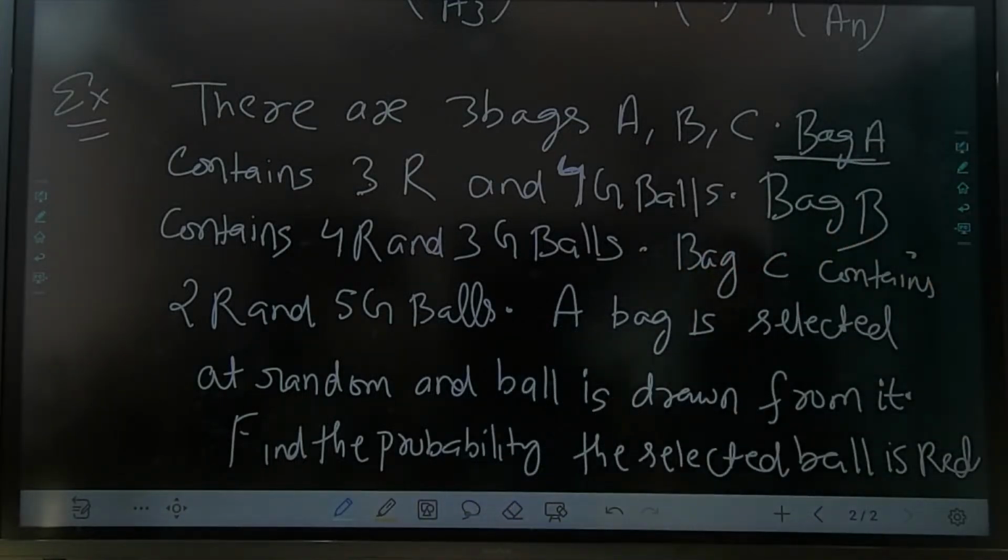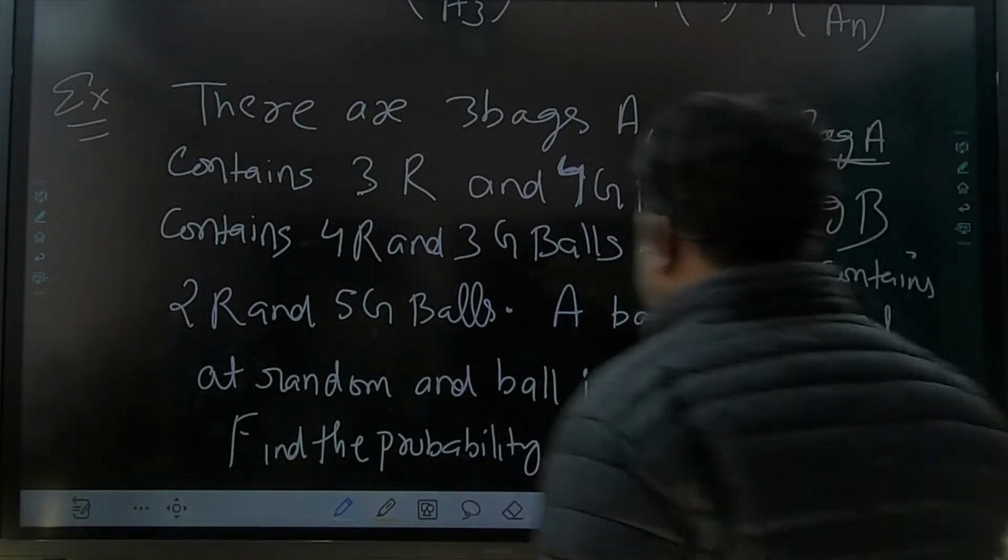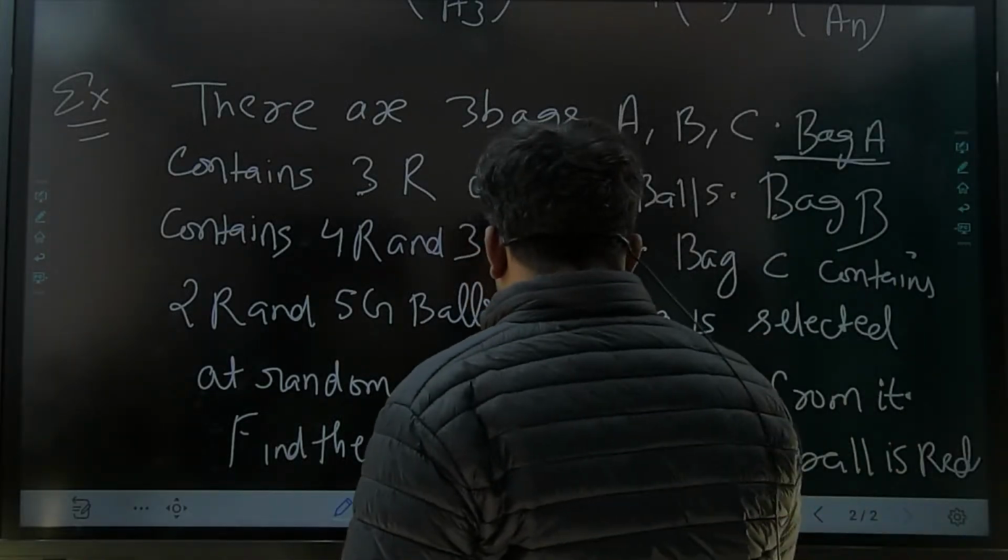There are 3 bags A, B, C. Bag A contains 3 red and 4 green balls. Bag B contains 4 red, 3 green balls. Bag C contains 2 red and 5 green balls. Now a bag is selected. Now this is not a bag, this is simply one bag.